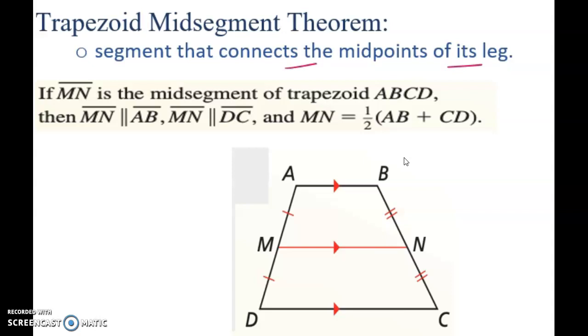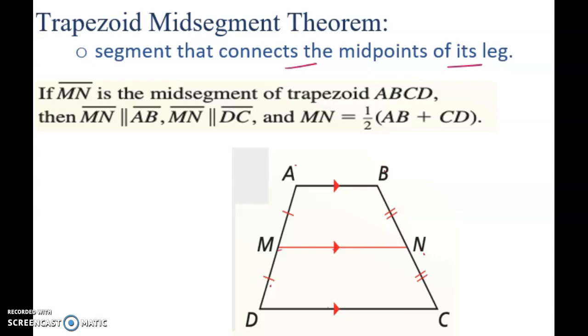This theorem says that if MN is the midsegment of trapezoid ABCD, then MN will be parallel to AB and also MN will be parallel to DC.